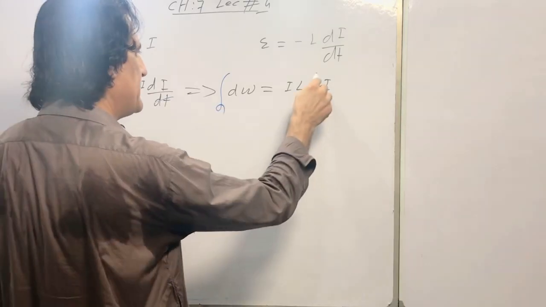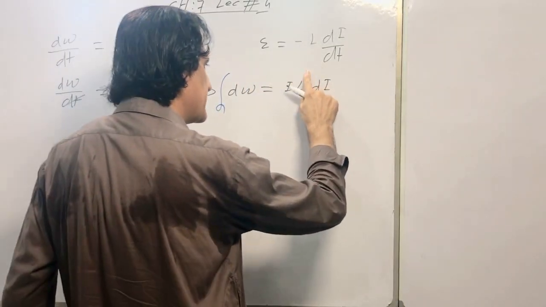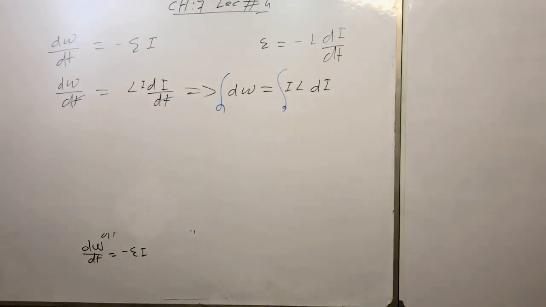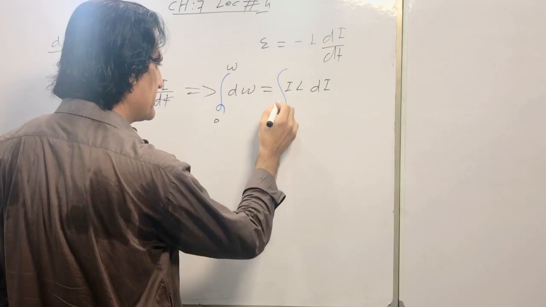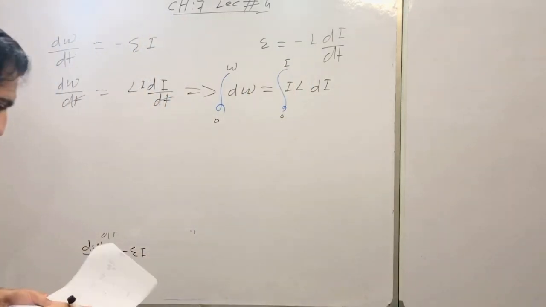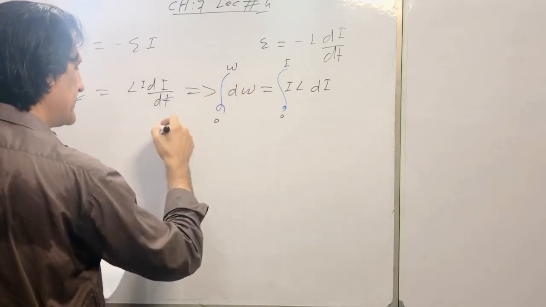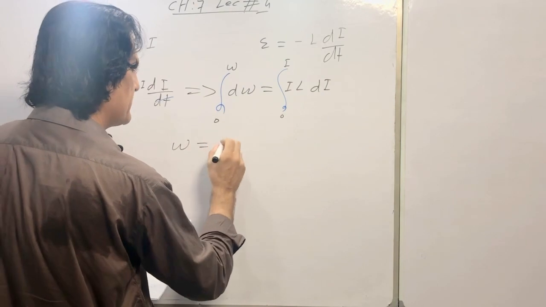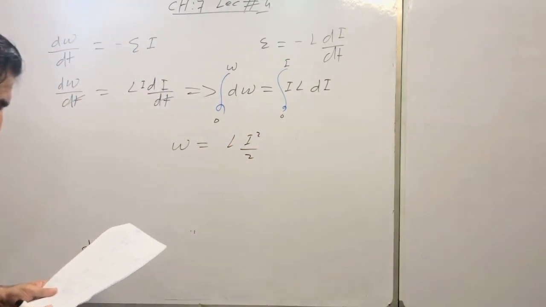If we take the integration here, with W from 0 to W and I from 0 to I, then by integrating we have W equal to L I squared divided by 2.